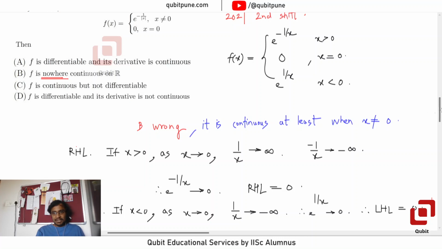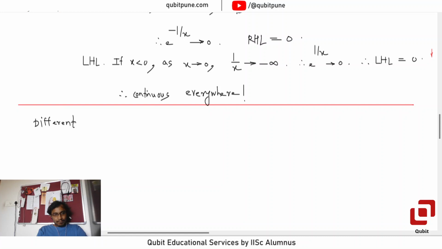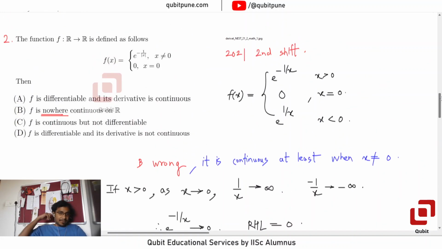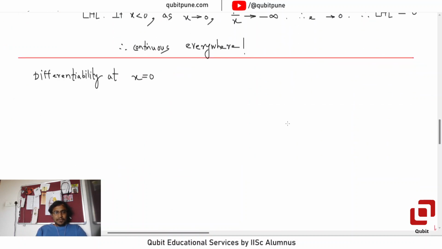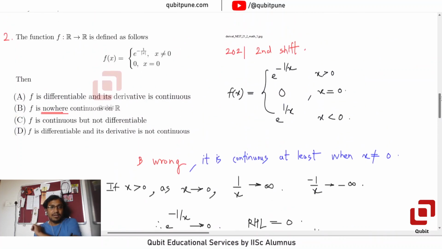You know how to differentiate it, isn't it? So let us investigate its differentiability at x equal to 0. Suppose we are finding the right hand derivative of this function at x equal to 0. Which definition are we going to use for right hand derivative?